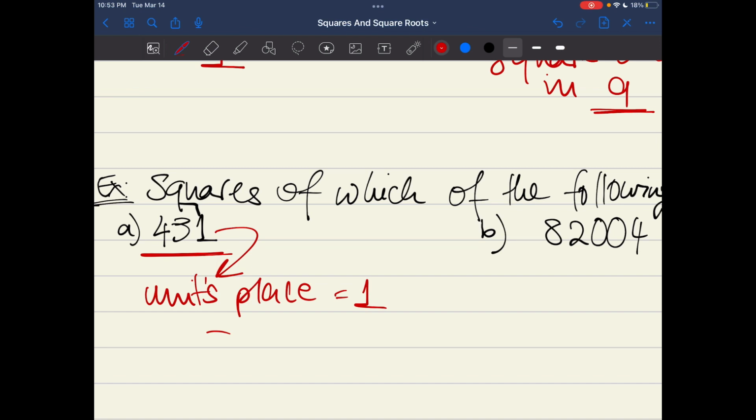Again, we know that for the numbers that end in 1 or 9, their squares end in 1, right? So since this number has 1 in its units place, its square will end in 1. Therefore, the square of 431 will be an odd number.